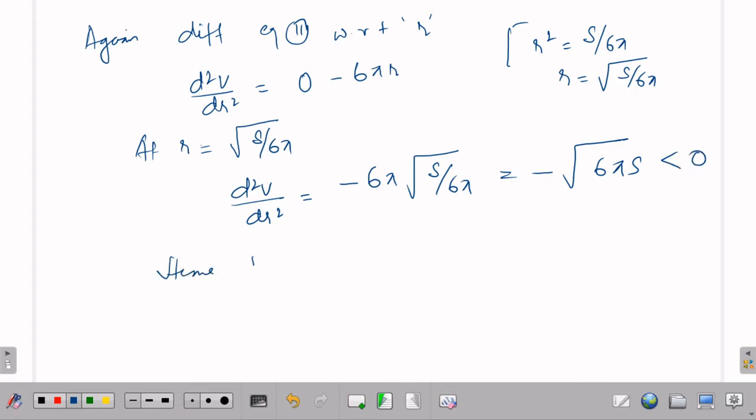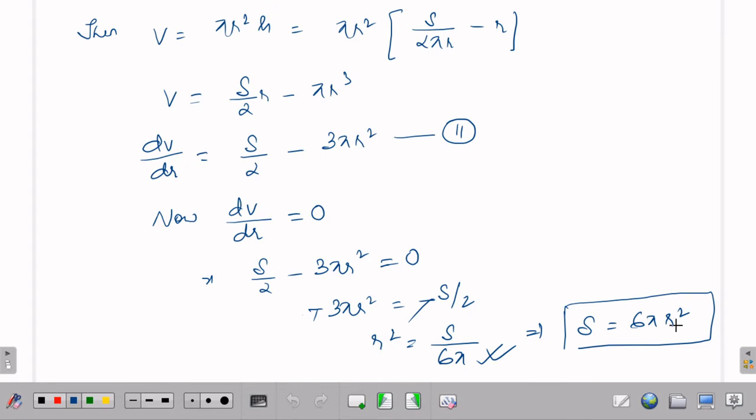So hence volume is maximum at r is equal to root over of S by 6 pi. Okay, but that is not what we are trying to find. We are trying to show that the height is equal to the diameter of the base. All right, so I got till there.